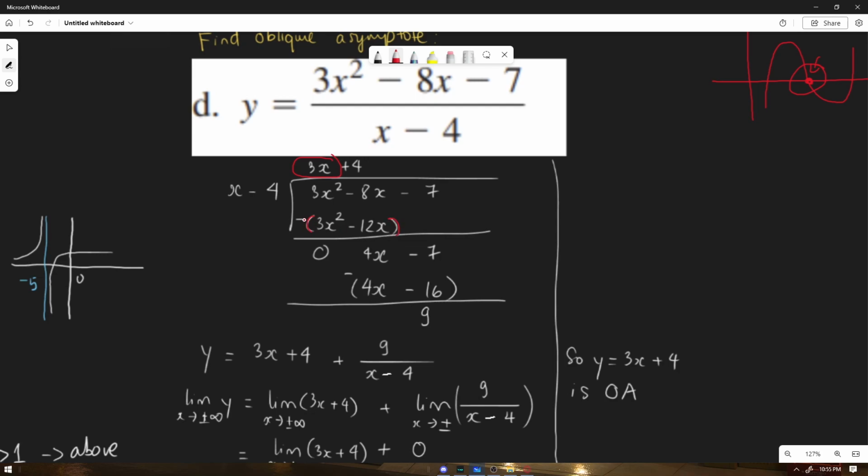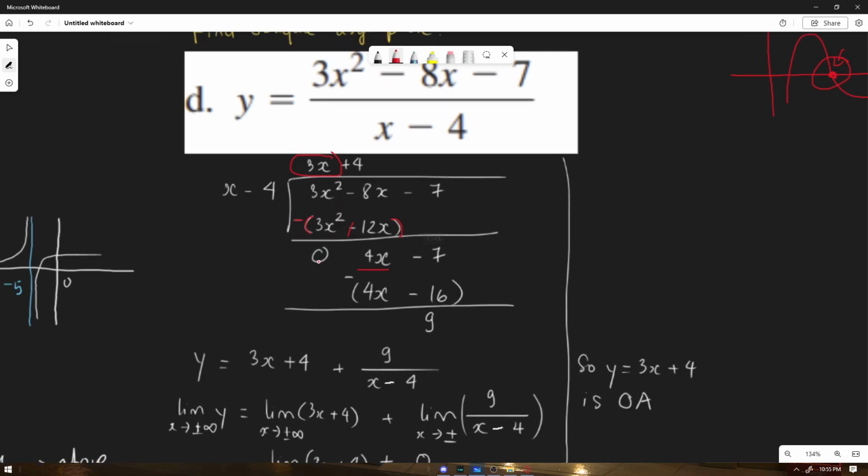You can see closely, a little minus there is because when you open the bracket, the negative 12x will become a plus, which is how we get the 4x. So 3x squared minus 3x squared is 0. That's very good, that's what we're looking for. We need to make it a 0 to keep going forward. Otherwise, we're not able to. If you don't get a 0, you're doing something wrong. So you must get a 0 in order to get to the other side.